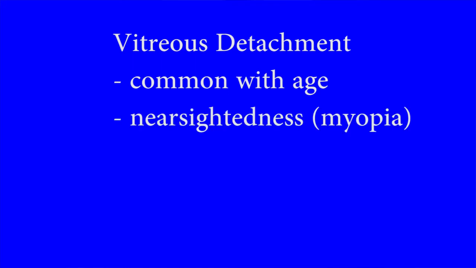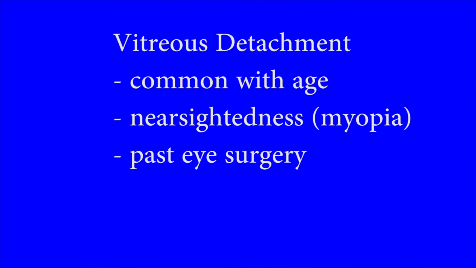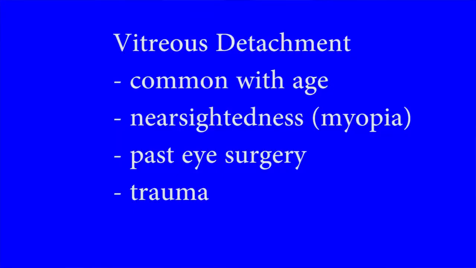Vitreous detachments are even more common in people who are nearsighted because the eye is stretched and elongated, or who have had cataract surgery or other eye surgery. It can also be caused by trauma to the eye or head. In other words, anything that causes the vitreous to forcefully jiggle around inside the eye can cause the vitreous to separate from the retina.